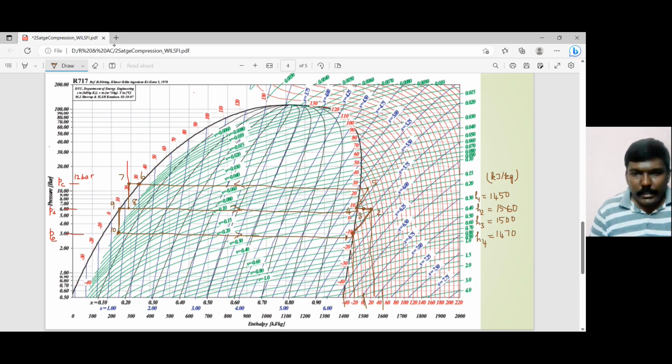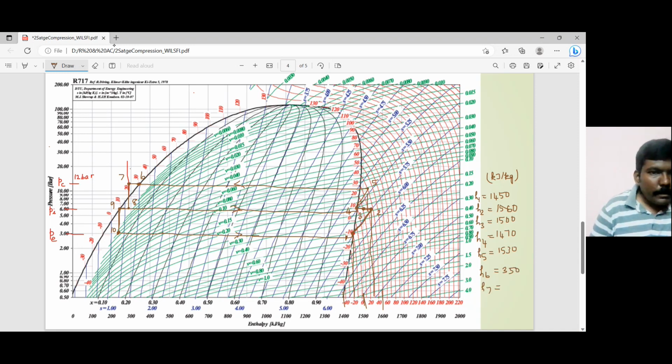Okay. And then H5, it is closer to H3, midway between H2 and H3. So let's say 1530. And then you have H6, which is exactly midway between this line and this line. So that is 300 and 400, let's say 350.